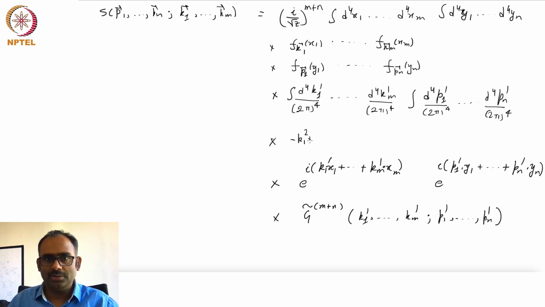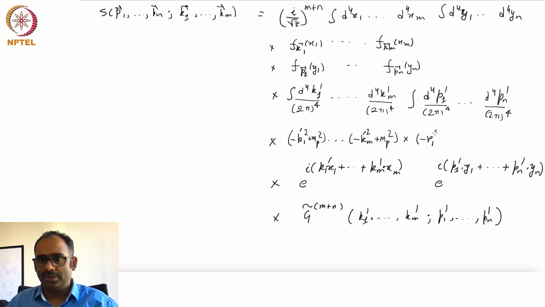minus k1 square plus mp square, minus km square plus mp square, times minus k1 prime square plus mp square, up to km prime, minus p1 prime square plus mp square, and so forth, minus pn prime square plus mp square.